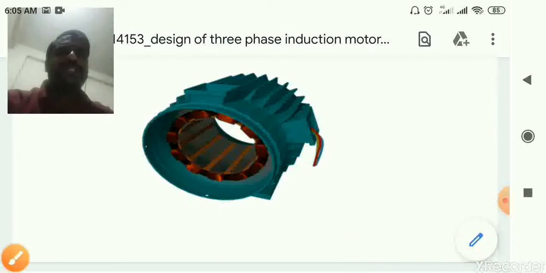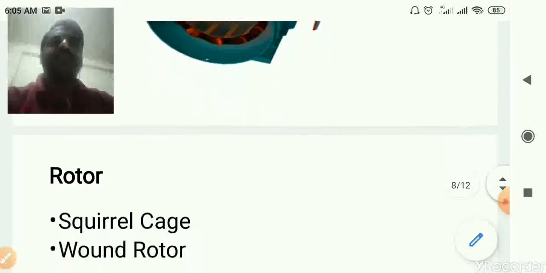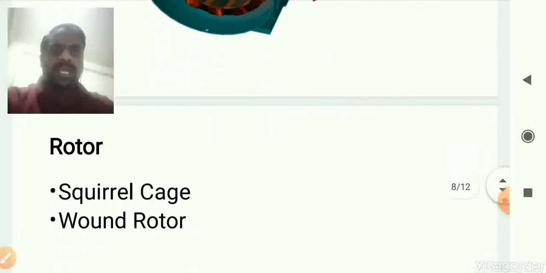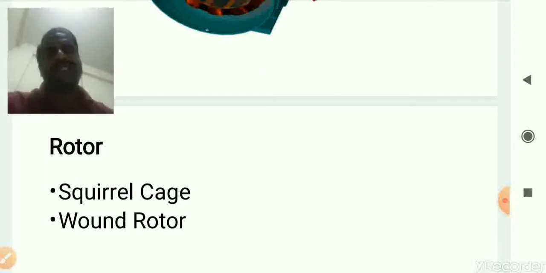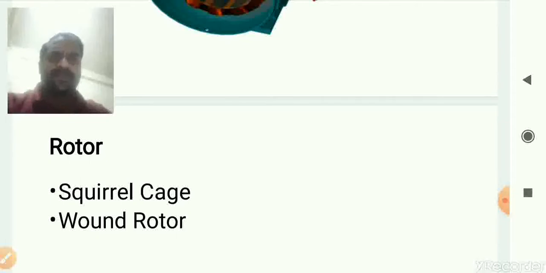Now after the stator, the next part is the rotating part of the machine, and it is called the rotor. As we have already discussed, the rotor is of two types: squirrel cage type and wound type, or the wound rotor.